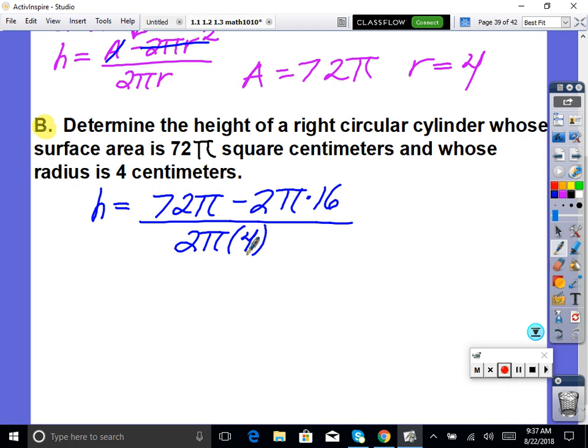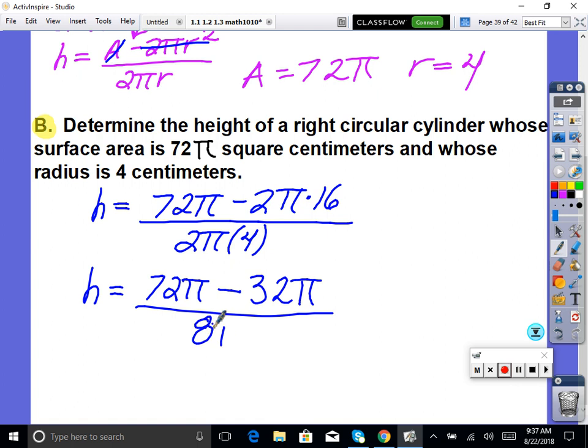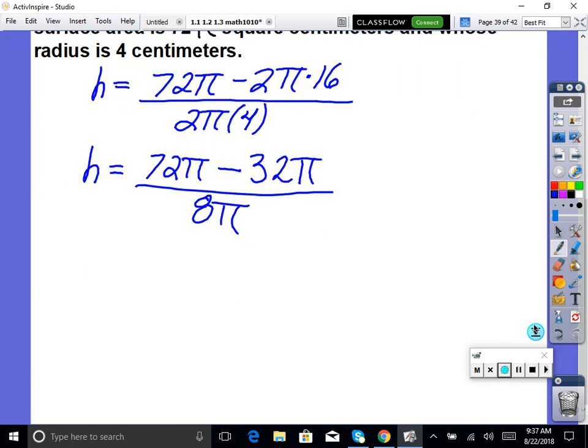I should have just written 8 pi. Let's simplify this. Height is equal to 72 pi's minus 32 pi's, isn't it? All over 8 pi's. Well, in this problem, we can actually combine like terms. 72 pi's minus 32 pi's is 50 pi's, everyone, right?